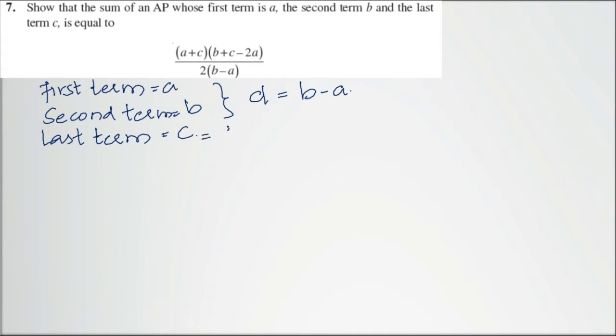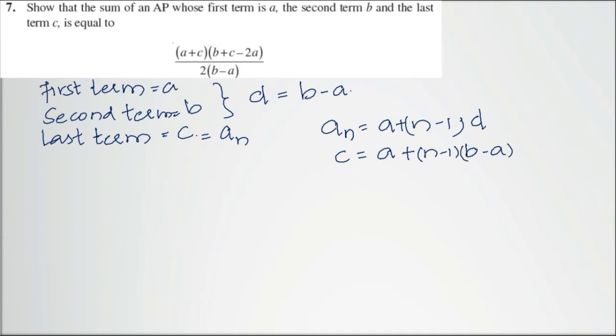Last term is c, it is nothing but the nth term. So let me make use of the formula an equal to a plus n minus 1 into d. In the place of an, let me substitute c. The first term is a plus n minus 1 multiplied to the common difference, which is b minus a.